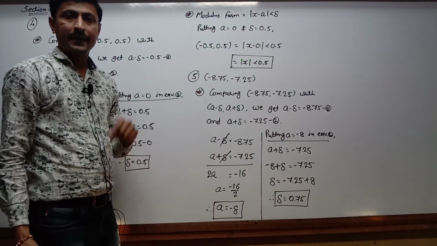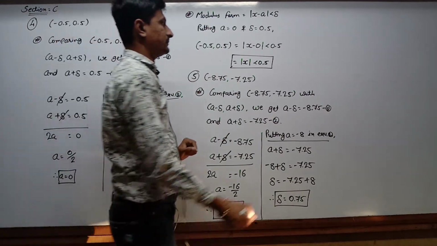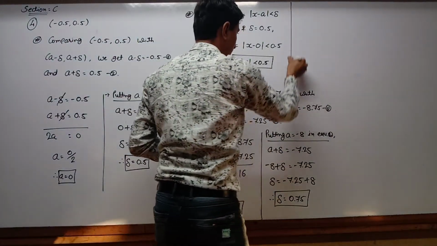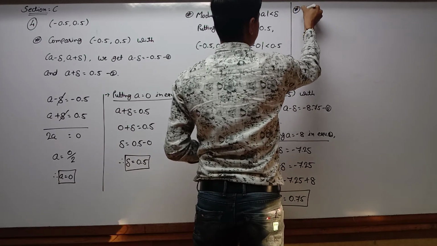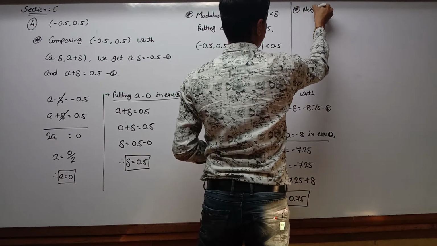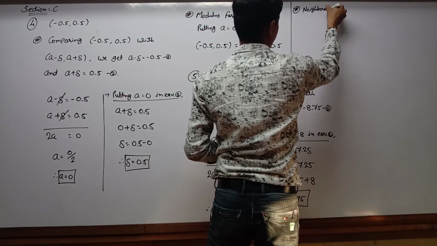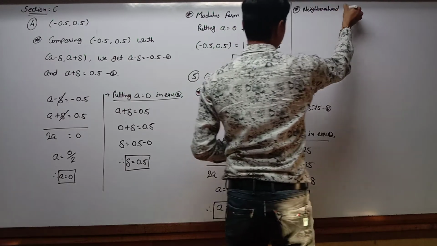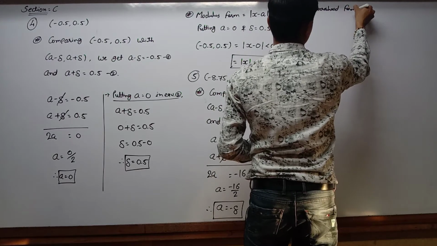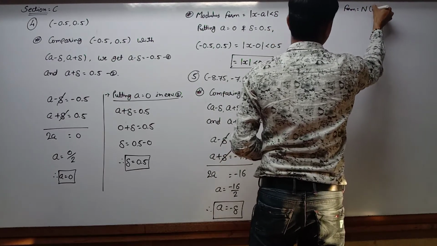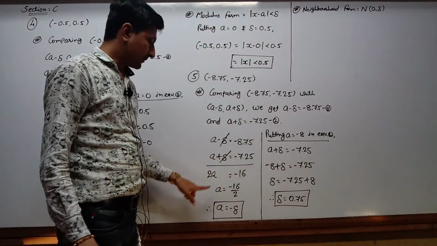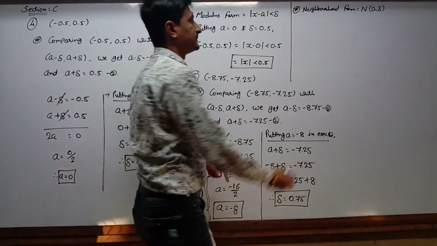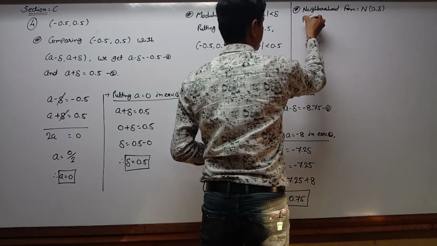Okay, now next find the neighborhood form. So neighborhood form is equal to capital N in bracket a comma delta, putting both the value of a and delta here.